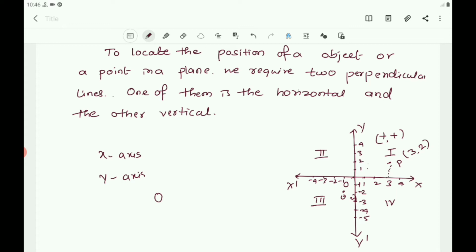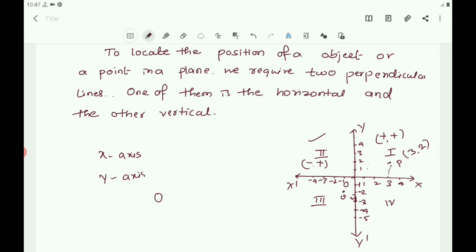If a point is in the second quadrant, then the point will be in the form (minus, plus), because the second quadrant is enclosed by the negative x-axis and the positive y-axis.